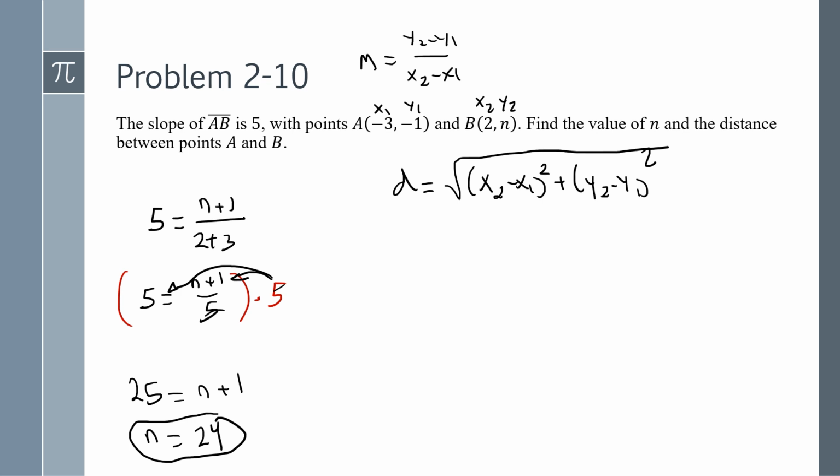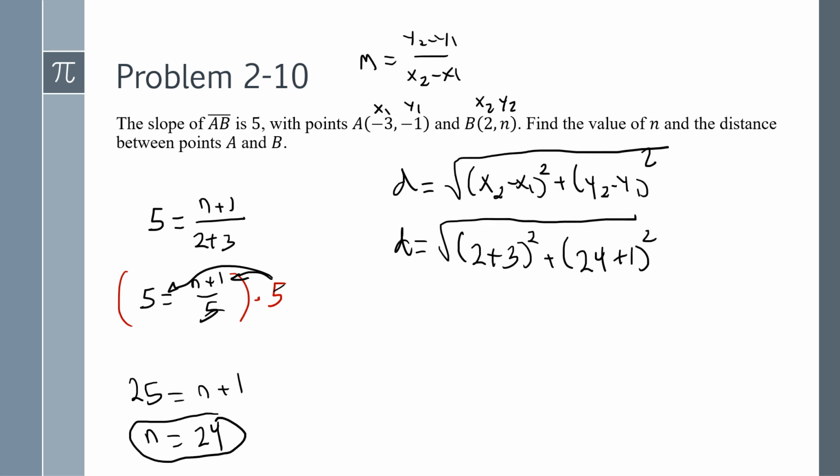I'm just going to plug in my numbers. Remember, y2 is n, which is 24. So the distance is going to be, okay, we got x2, which is 2, minus x1, which is positive 3, minus the negative is positive, plus y2 is 24, minus y1, so minus negative 1 is 1, square root of that.